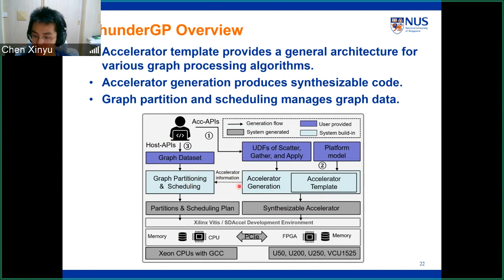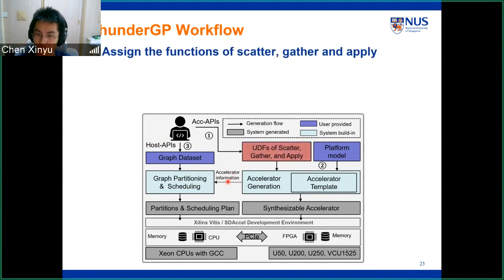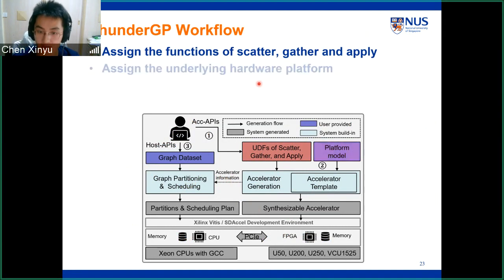generated accelerator. So in terms of workflow, the developers just need to write the functions scatter, gather, and apply, which are functions for customized processing logic of their graph processing accelerator. And then the user needs to assign the underlying hardware platform, because ThunderGP relies on some specs of the platform to do some space exploration.